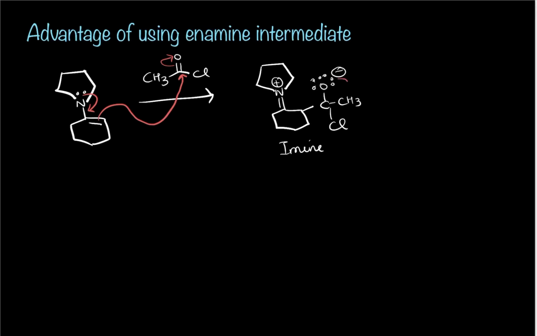Now the electrons on oxygen are going to come up here, and because it has a leaving group, the leaving group is going to leave.